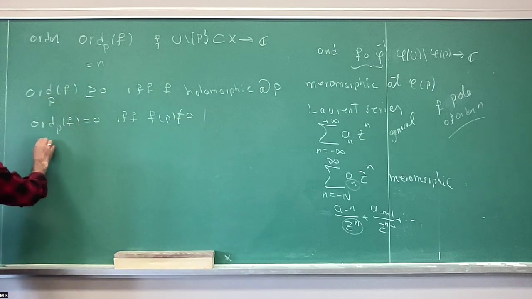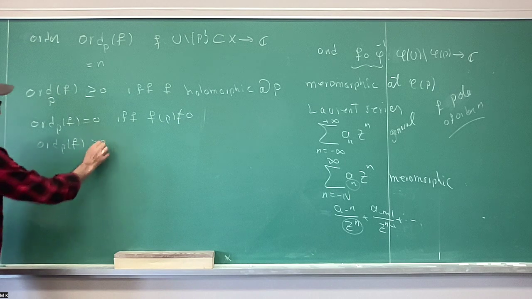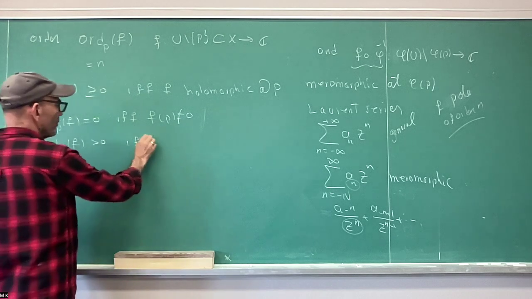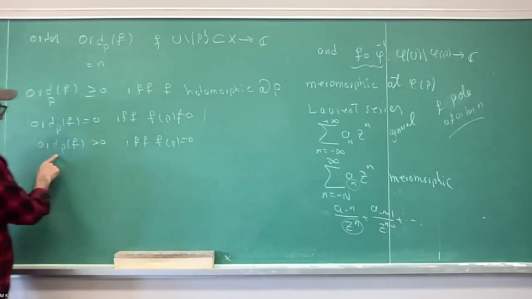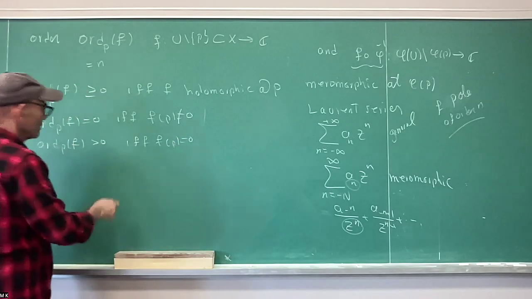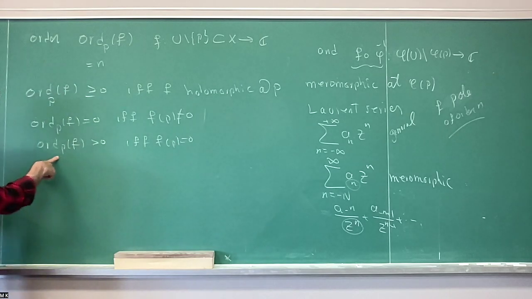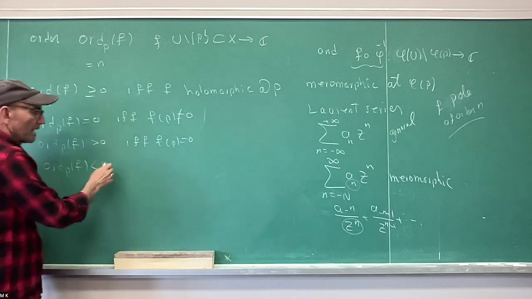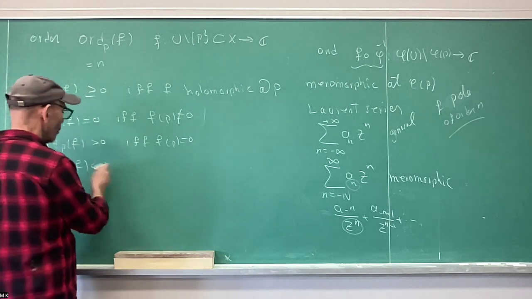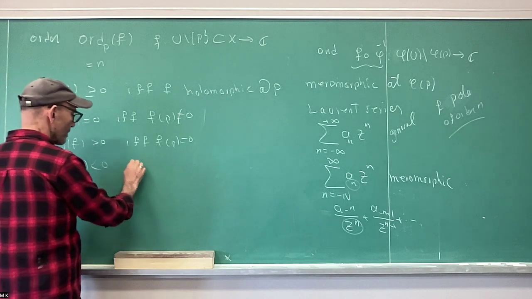And order of F at P bigger than 0 if and only if F(P) is equal to 0, and this is really the order of the zero. And order of F negative means that it has a pole of that order at P.